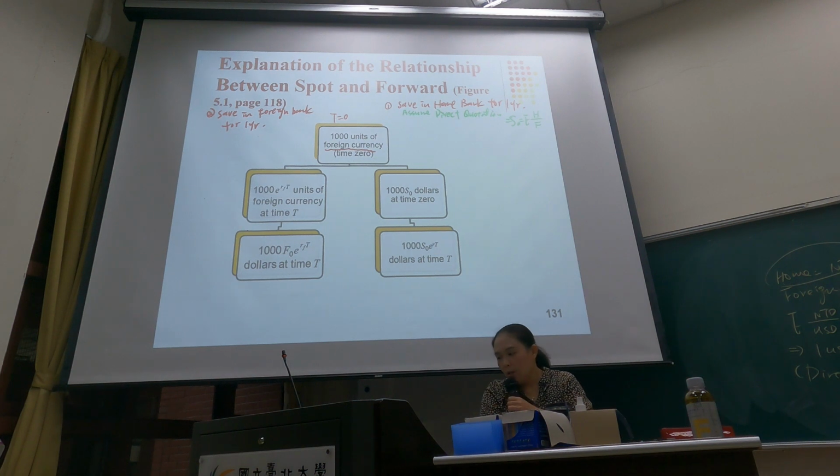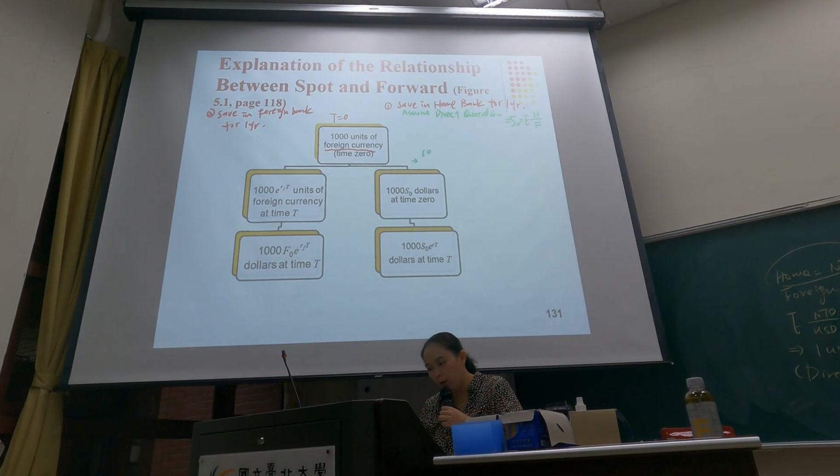Yeah? Okay, so first of all, because you started with 1,000 foreign units, you want to convert it back to home currency. So the first step is to convert foreign currency to home currency. Remember, that's today.